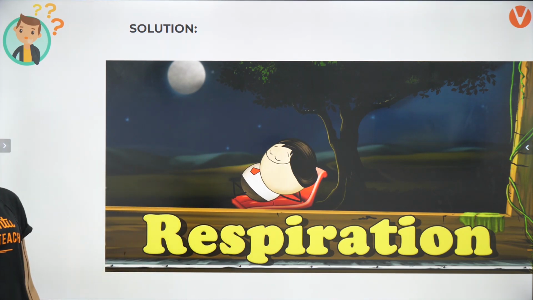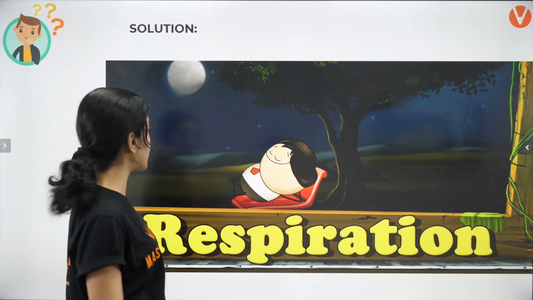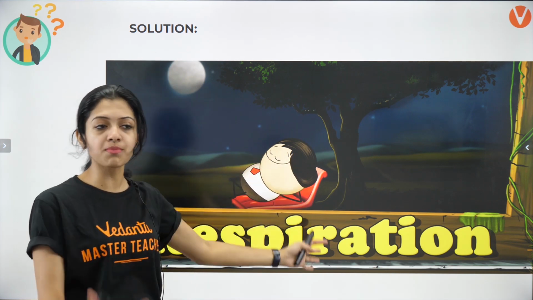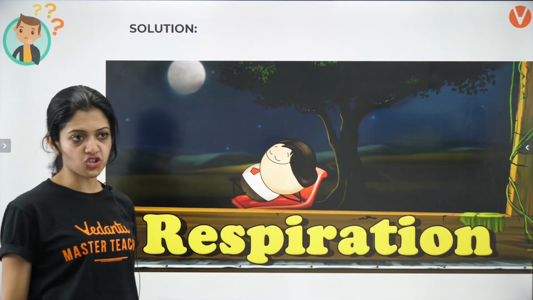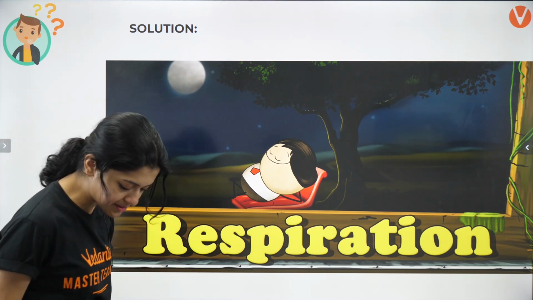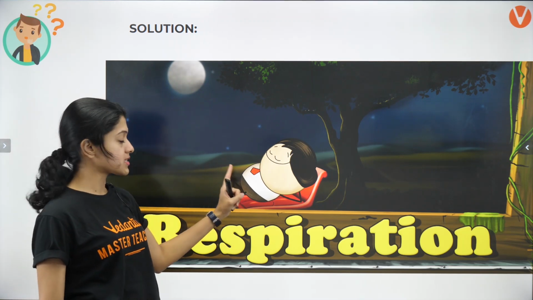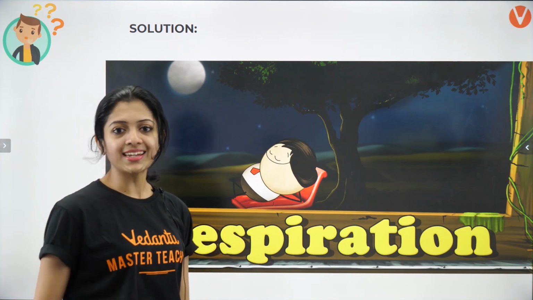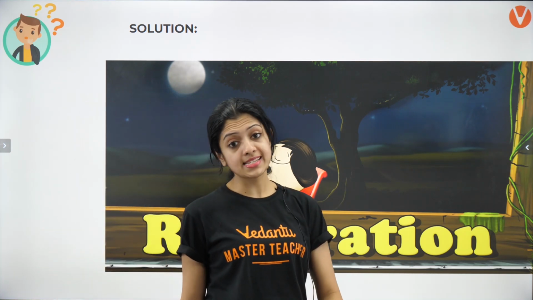Yes, this is what it is. Look at this guy, seemingly peacefully sleeping under the tree at night. The moon is there. He has a big smile and he is lying down under the tree, fast asleep. But why is this wrong? Why is he doing a wrong thing? Because during the night time, photosynthesis doesn't occur, which means oxygen doesn't get added by the trees or by the plants into the atmosphere.